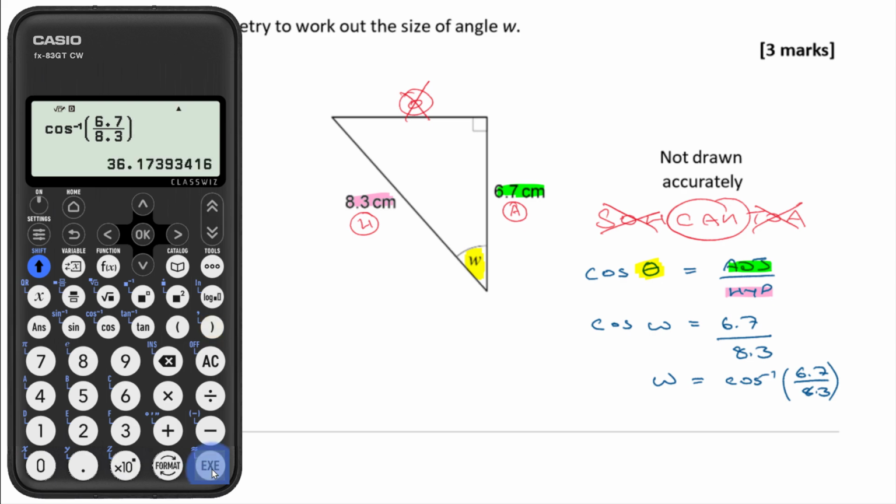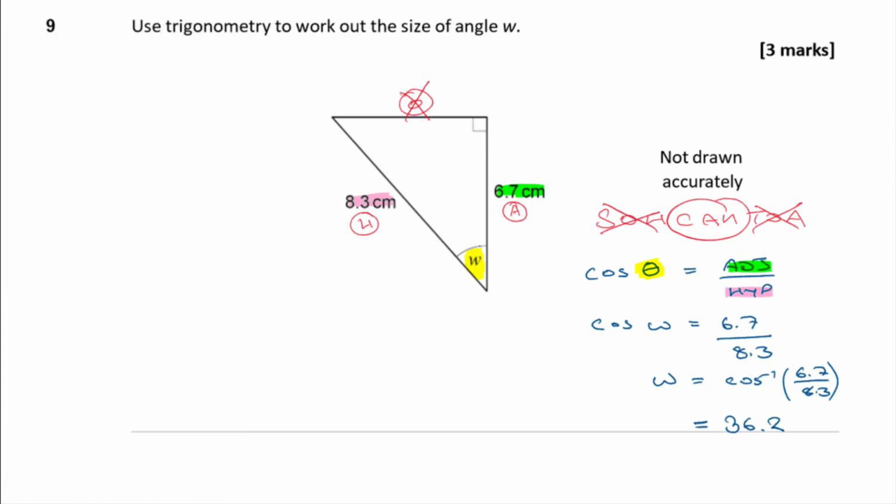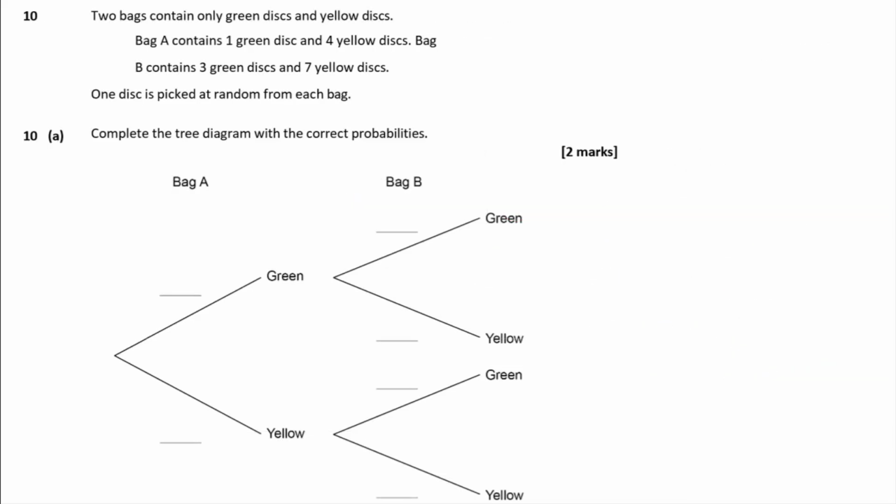I make that 36.17, which I'm going to round off to three significant figures. So that's going to be 36.2. 36.2 what? This is an angle, so it's going to be in degrees. 36.2 degrees.